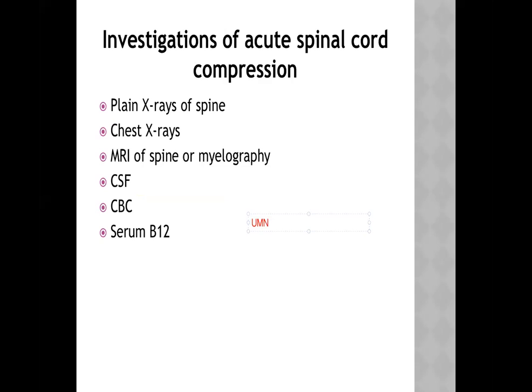So in a UMN lesion, what are the characteristic features? Spasticity, increased tone, excessive tone of the muscles.